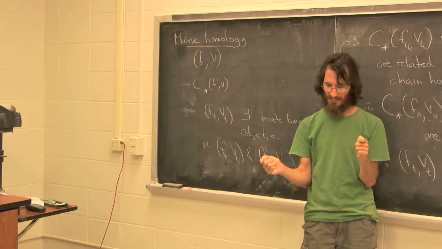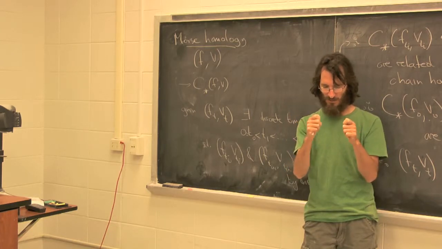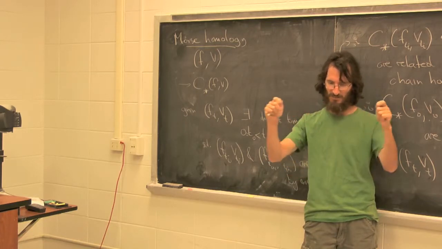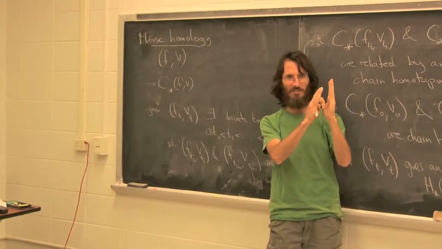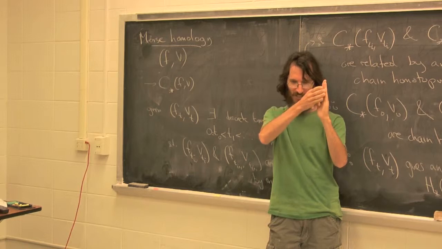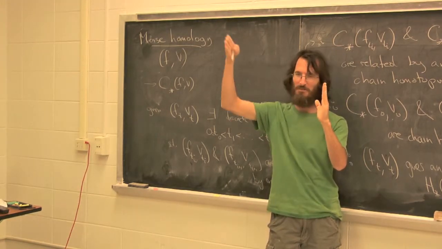So you can think about taking that infinite cover and mapping it down to R in such a way that you've got many parallel copies of the Seifert surface.